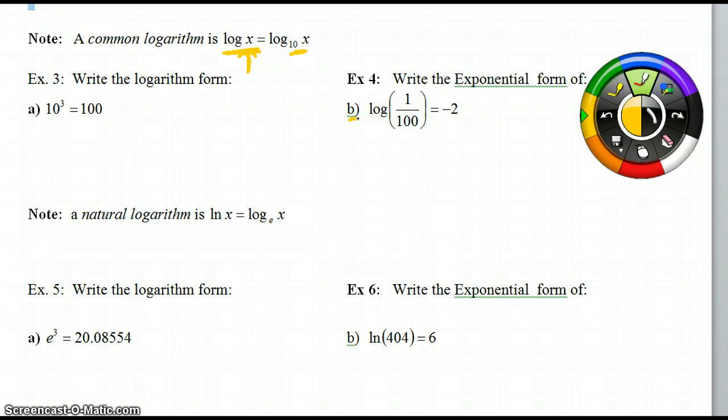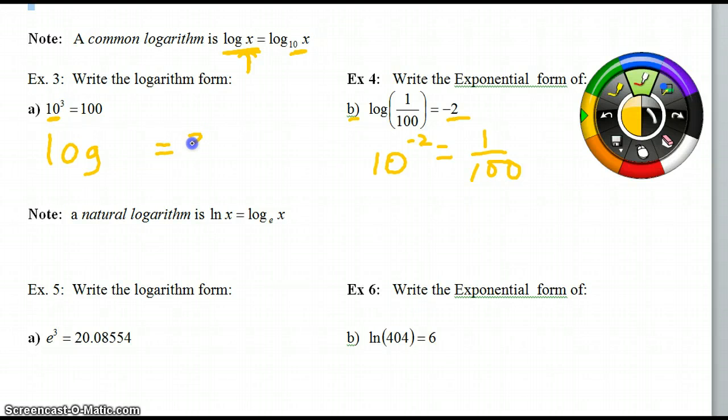I don't see any little number here. So to translate this to exponential, the base, it's not there, so I'd put it there. The exponent is on the other side of the equal sign. And what does that equal? That equals 1/100th. To write logs, I would put log base b, and the b is 10, but since it's common, we don't have to put it.